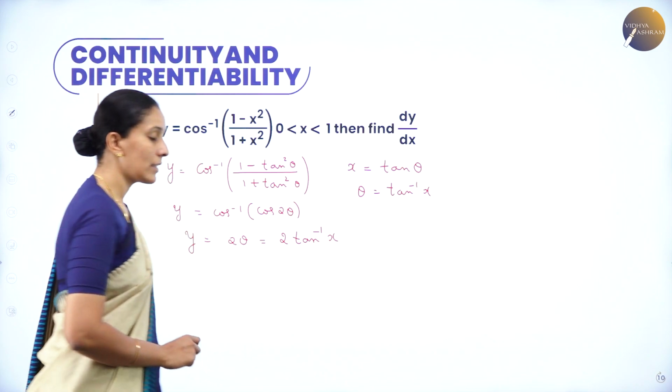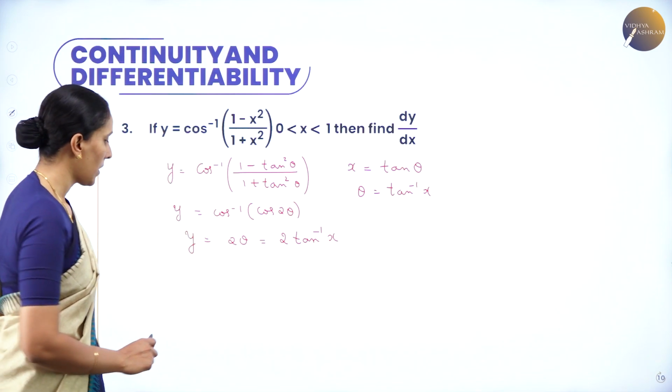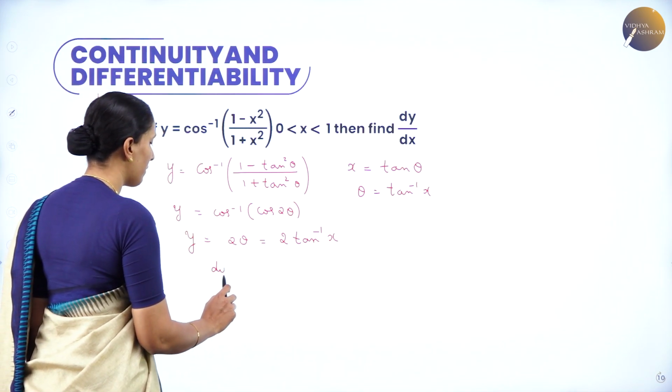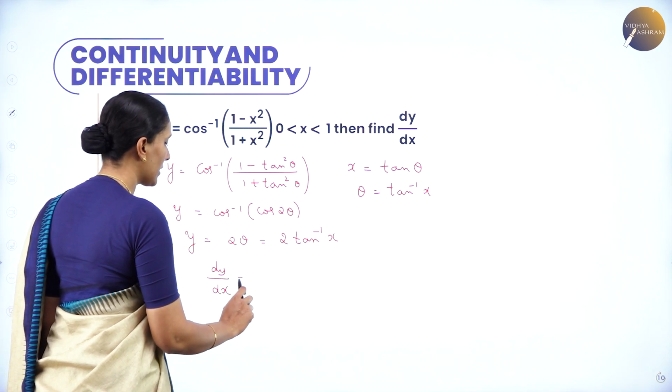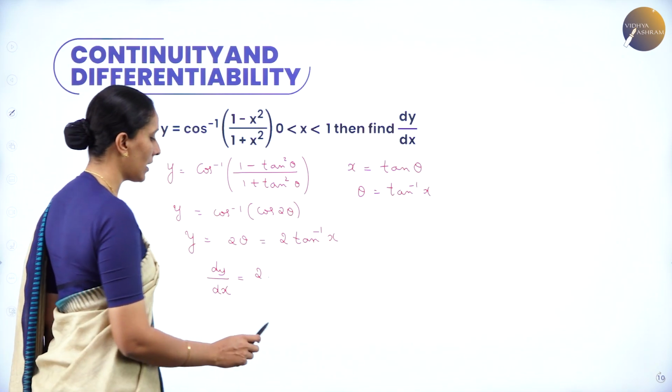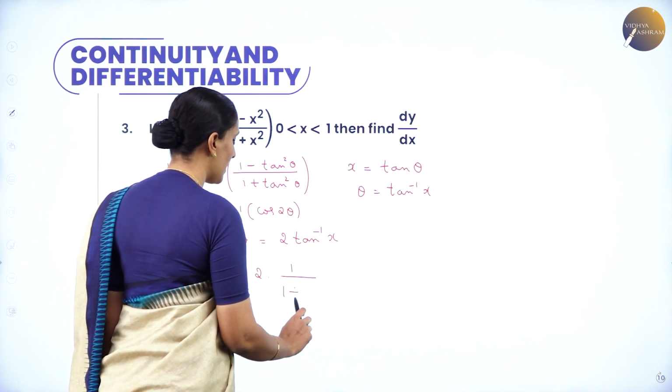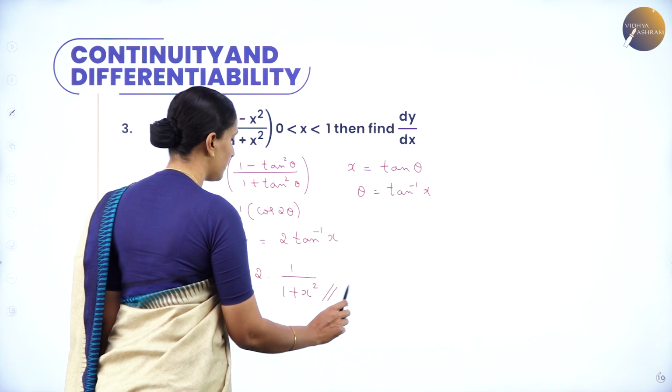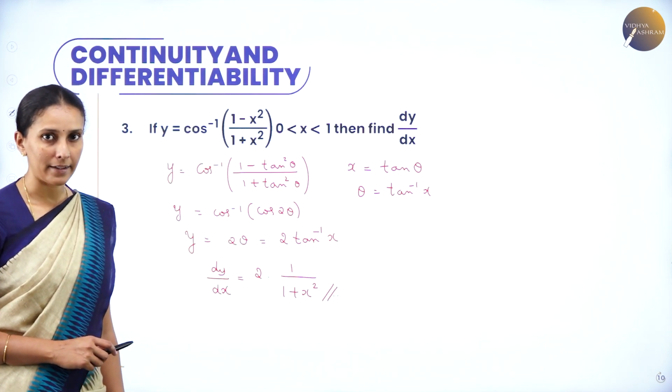So y is equal to 2 tan inverse x. Now we can find dy by dx. So dy by dx is equal to 2 into derivative of tan inverse x, which is 1 over 1 plus x square. So the answer is 2 by 1 plus x square.